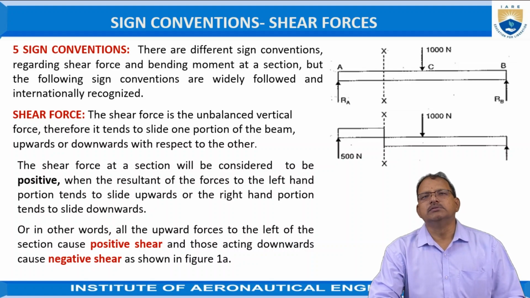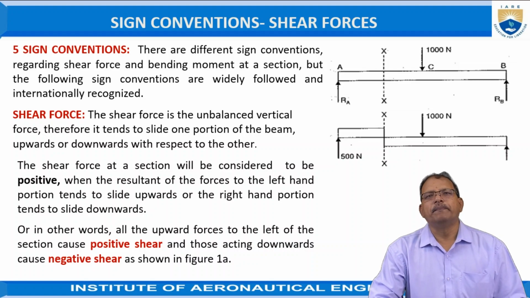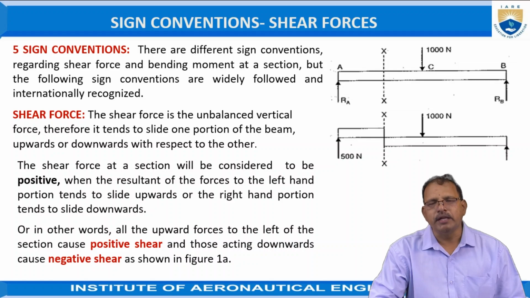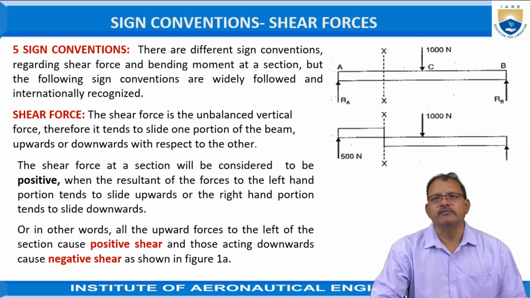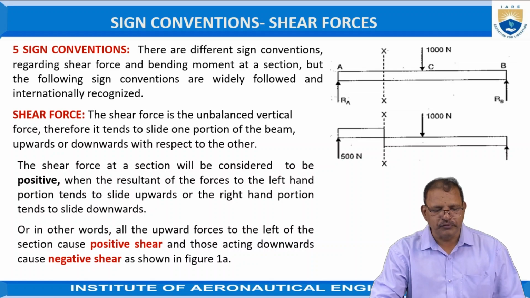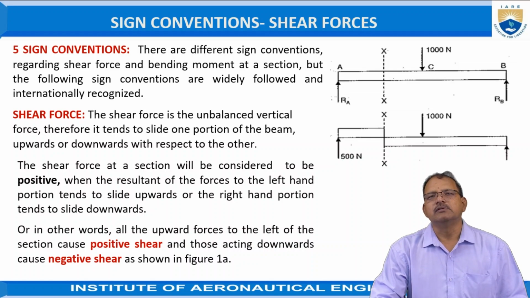These vertical loads depend on the direction in which they are acting, but they are always perpendicular to the axis of the beam. Some forces may be acting in a downward direction, some in an upward direction, with respect to the reference point taken from the left- or right-hand side portion of the beam. They are classified as positive as well as negative forces.